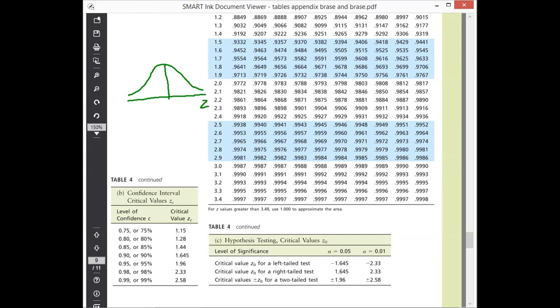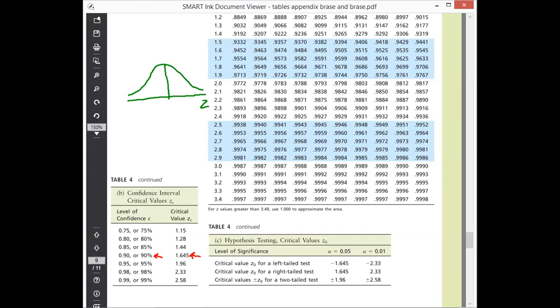here's my Z distribution. Let's say, for example, we want C to equal 0.90 or 90%. That's right here. Well, that corresponding critical value is 1.645.